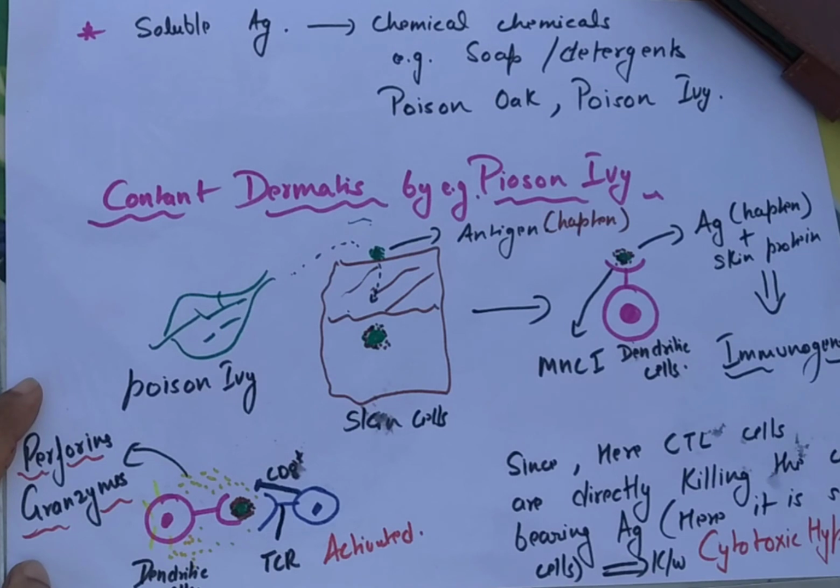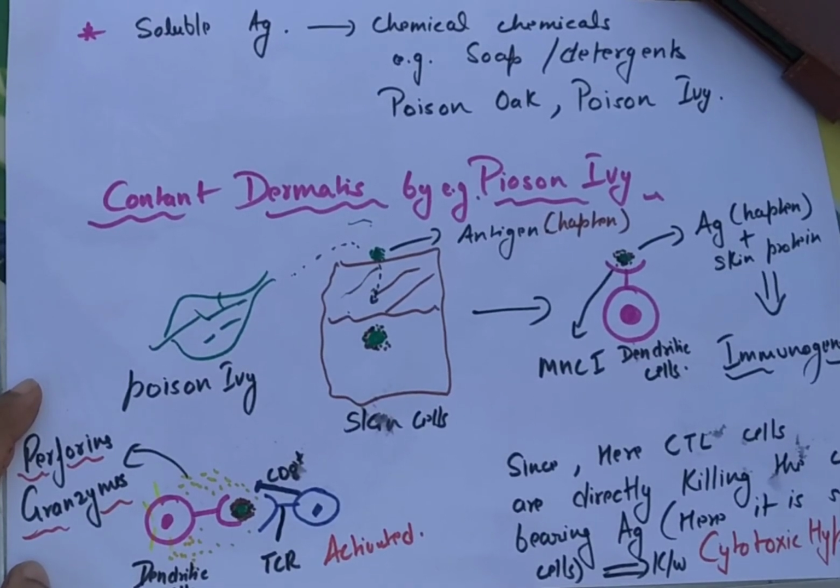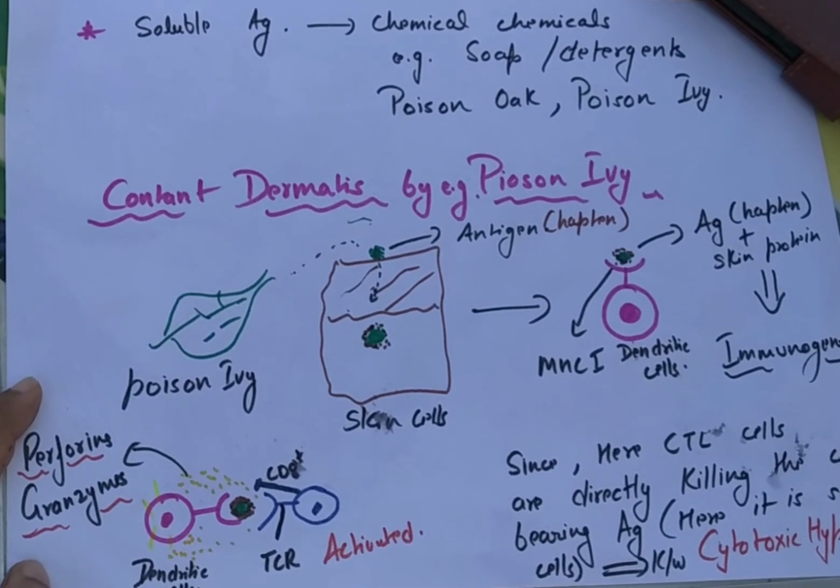Okay, but since the response comes after a very long time, it is called delayed, and plus it does not usually involve any antibody, which other hypersensitivity reactions use. Other hypersensitive reactions mediate their response through antibody. Here it is mediating a response by TC cells or TH cells. Okay, so this is type 4 hypersensitivity.